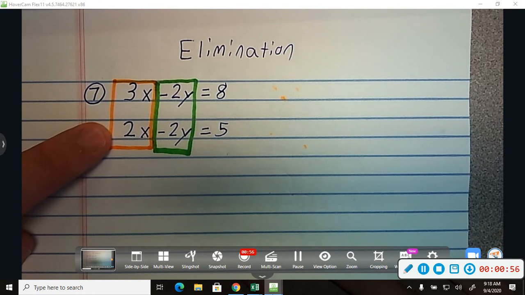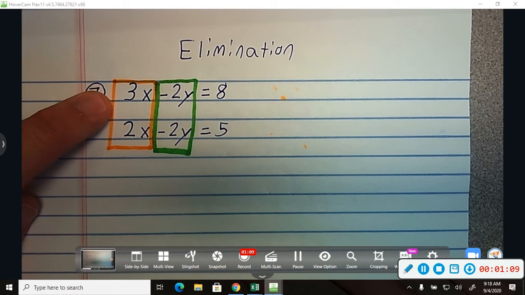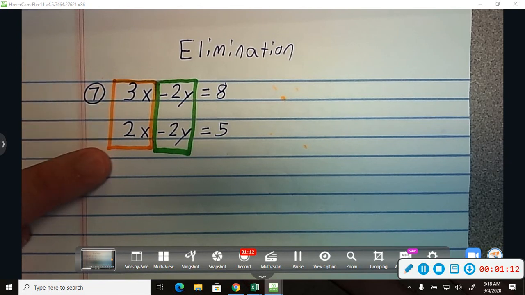So you have to think about the smallest number, called the least common multiple, that 3 and 2 go into. The smallest number 3 and 2 go into is 6, right? If you count by 3s, 3, 6. Count by 2s, 2, 4, 6.